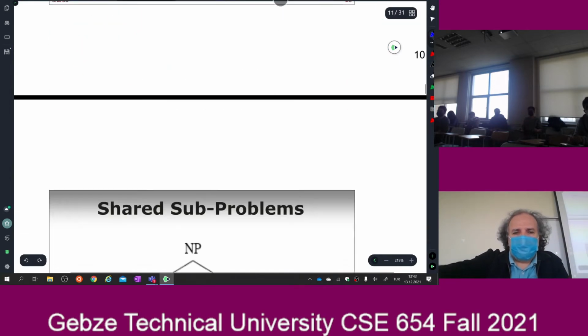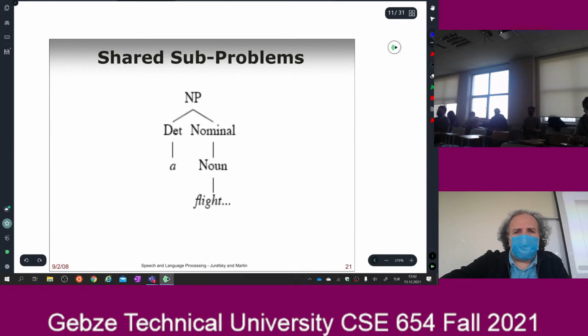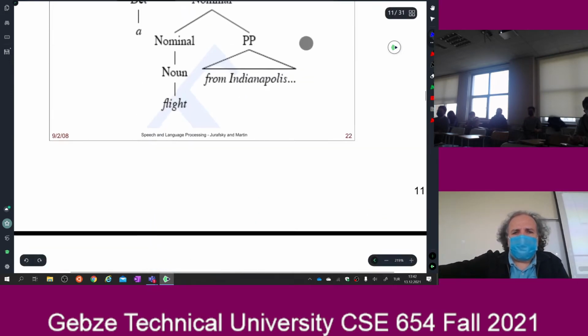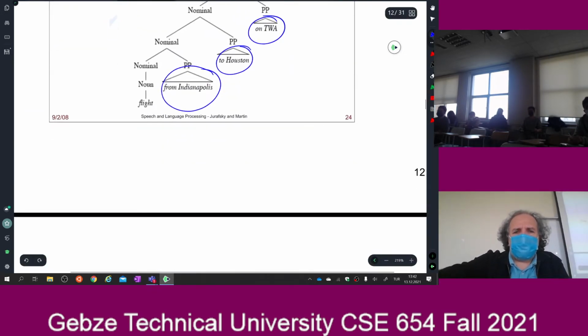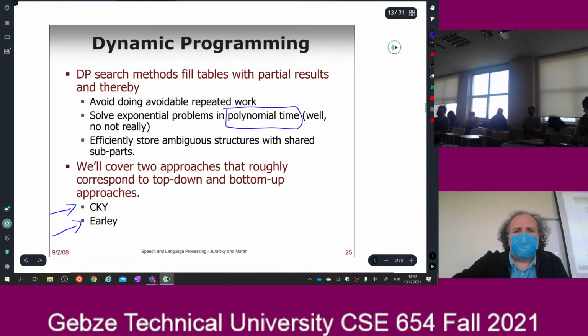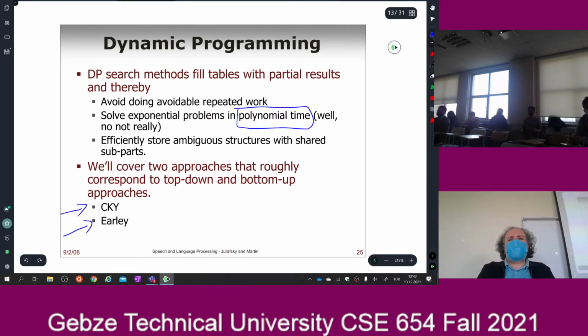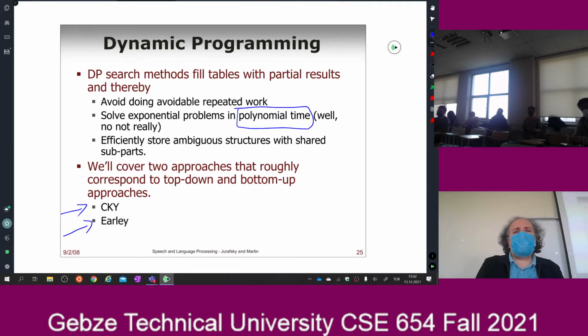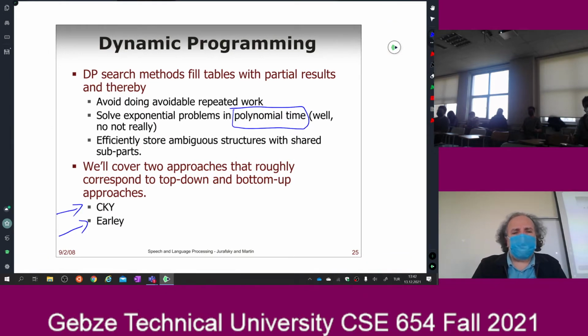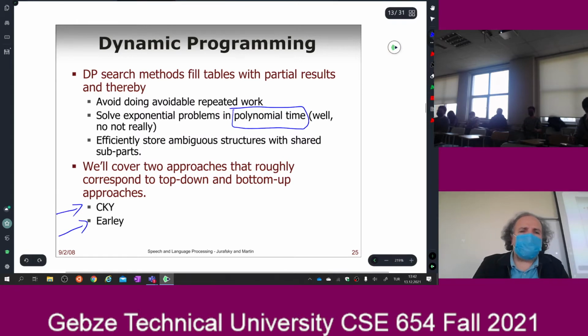Okay, so without talking too much, let me start talking about my algorithm, the dynamic programming algorithm. This one, CKY, will be a bottom-up approach, and this one really is a top-down approach.